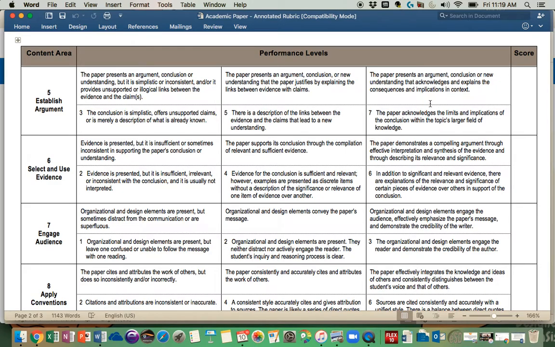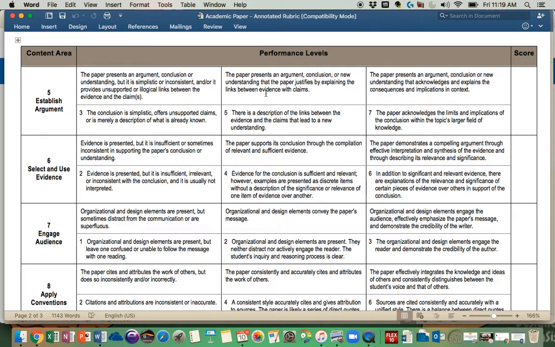So that means you presented an argument, you've got a conclusion or a new understanding that acknowledges and explains the complications and implications in context of what you did and the research question that you have. That new understanding is so important. It comes from addressing the gap in your research that you presented in the literature review, and it answers your research question, okay? So you should all be over here.